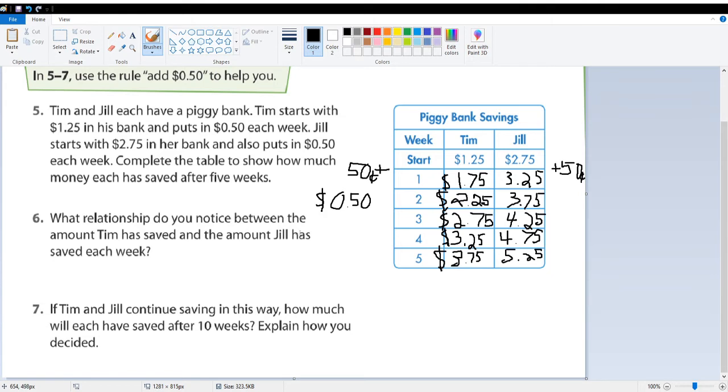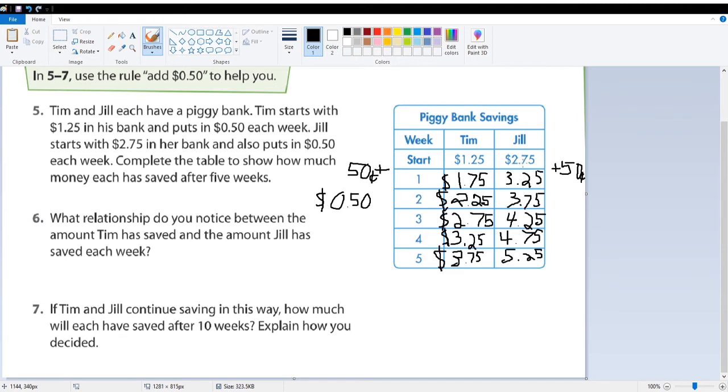All right, so what relationship do you notice between the amount Tim has saved and the amount Jill has saved each week? So we can look at this. Well, I know that they're both adding 50 cents a week, but Jill started with $1.50 more.